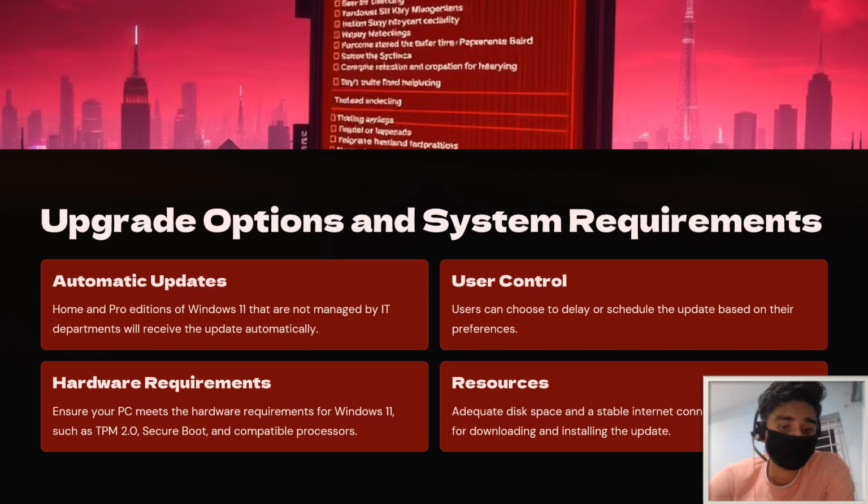Then ensure your PC meets the hardware requirements for Windows 11, such as TPM 2.0, Secure Boot, and a compatible processor. And fourth is resources: adequate disk space must be available, and a stable internet connection must be feasible for downloading and installing the updates at the earliest.